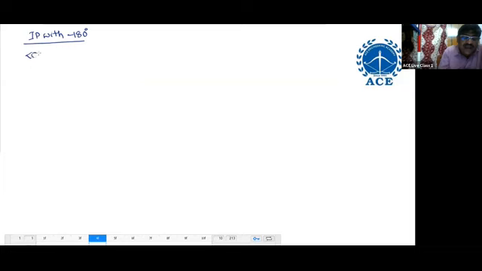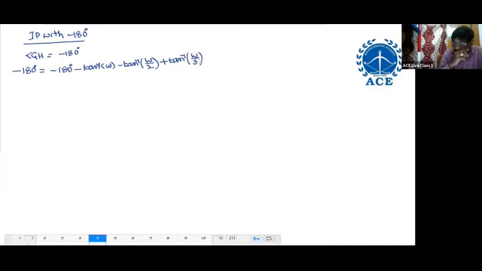Angle GH equal to minus 180. Minus 180 equals minus 180 minus tan inverse omega minus tan inverse omega by 2 plus tan inverse omega by 3. 180 and 180 cancel.